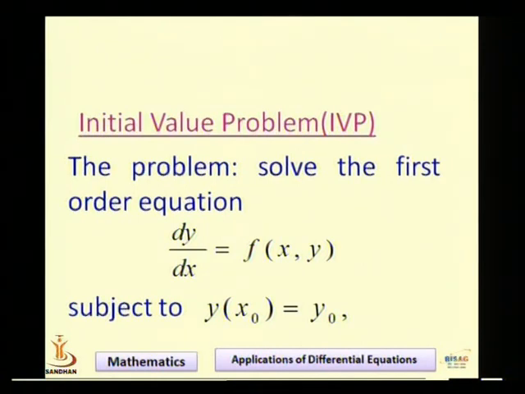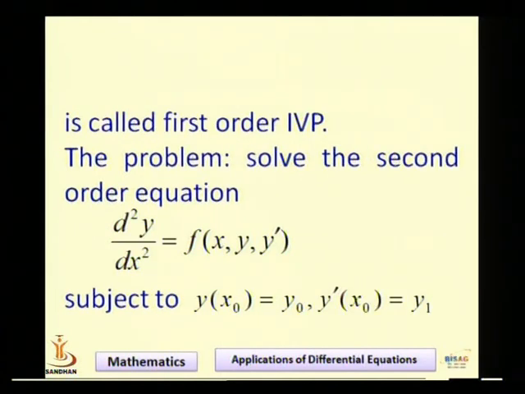The problem: solve the first order differential equation dy by dx is equal to f of x, y, subjected to the condition y at x naught is equal to y naught, that is called a first order IVP. So you are given a first order equation and you are given a condition, and based on that condition you find out the solution.